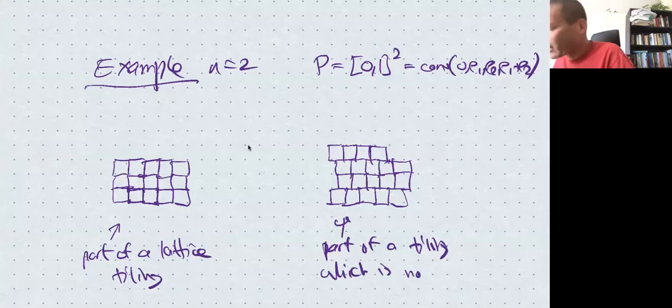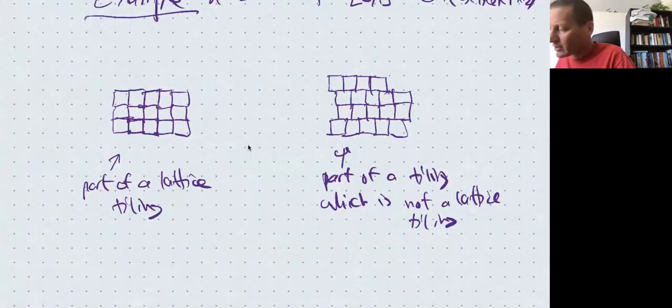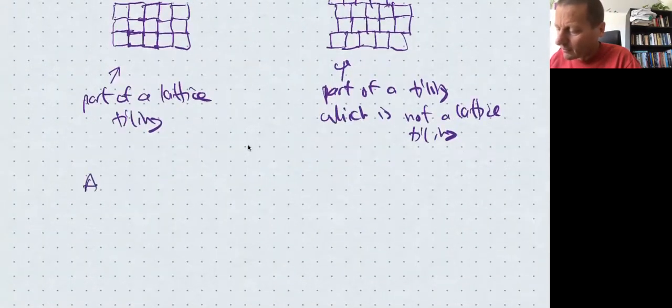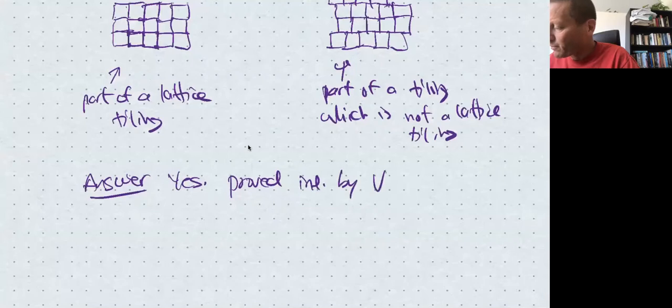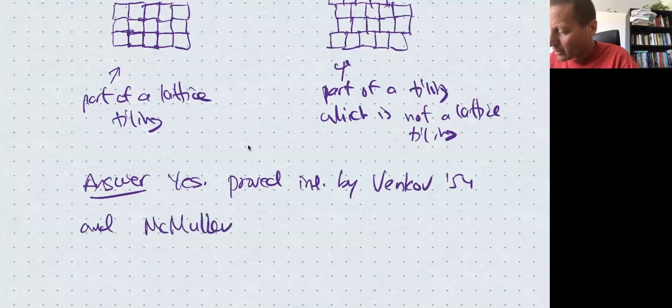And suppose some polytope tiles, do you necessarily have a lattice tiling? And the answer to this question is yes. This was proved independently by Venkov in 54 and McMullen, Peter McMullen, in 1980.